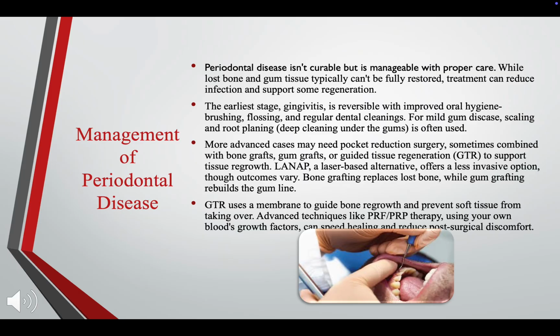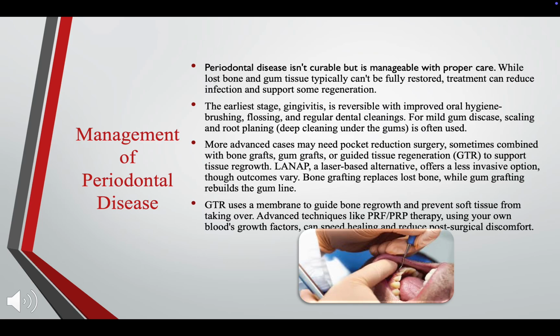Moving on, management of periodontal disease. So periodontal disease isn't curable but can be managed. Gingivitis is reversible with good oral hygiene. If the client is taking care of his or her mouth regularly, then the gingivitis is curable.